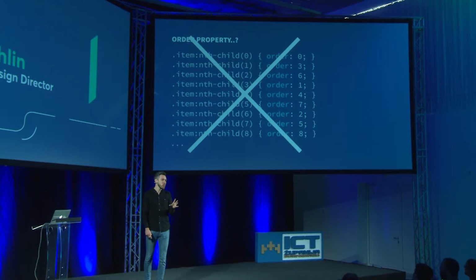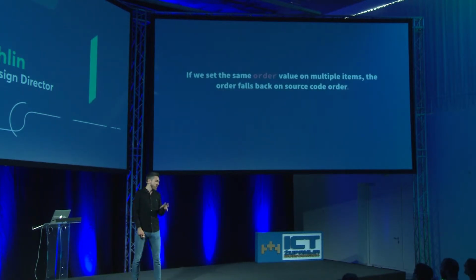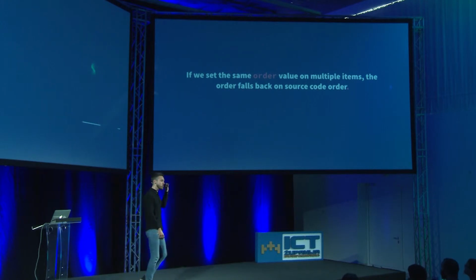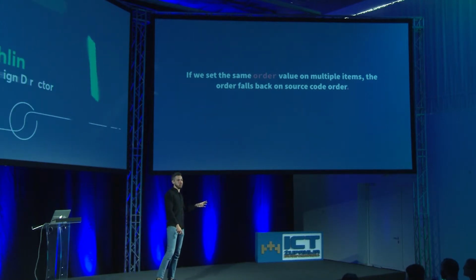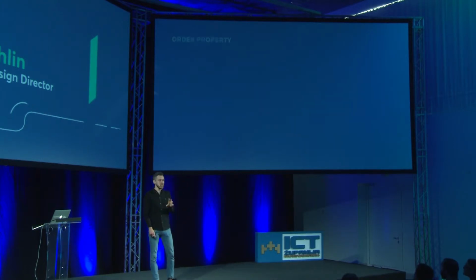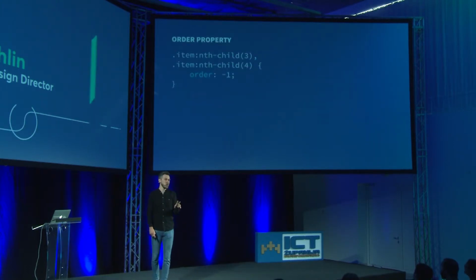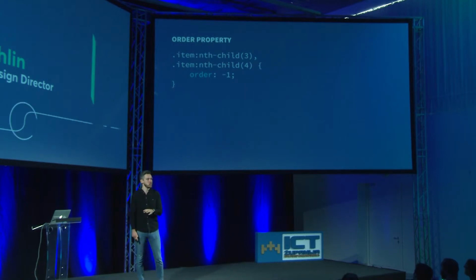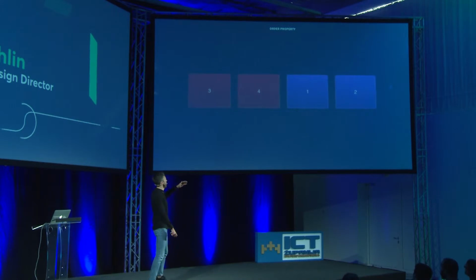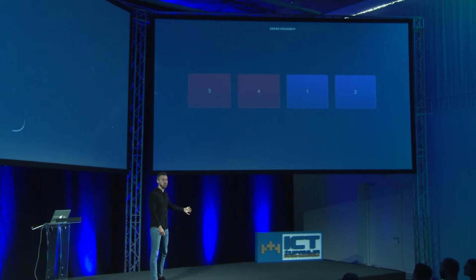But there's a cool thing with order, which is that if you set the same order value on multiple items, the order falls back to the source code order. So if we return to this example, and this time target both the third and the fourth item, and we set -1, what's going to happen is that they both, of course, are moved to the beginning of that container.